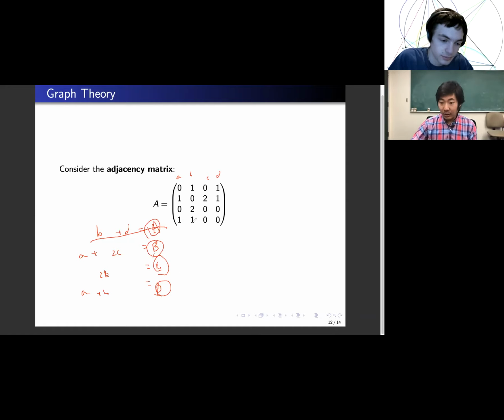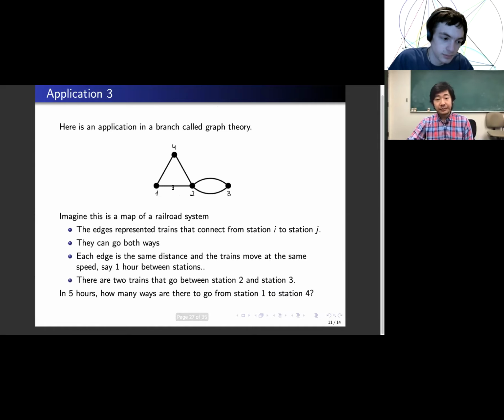So one way to think about this is, instead of thinking, okay, one could go to 4 and it could go to 2, you want to think, okay, how many ways are there to get to 4?